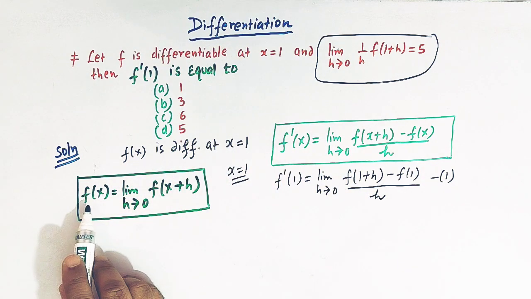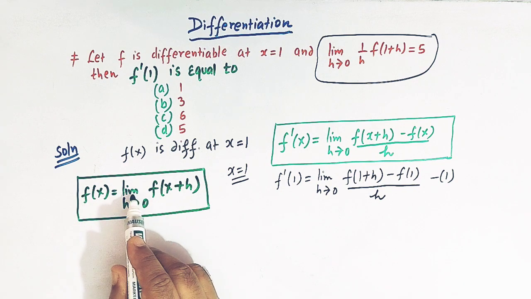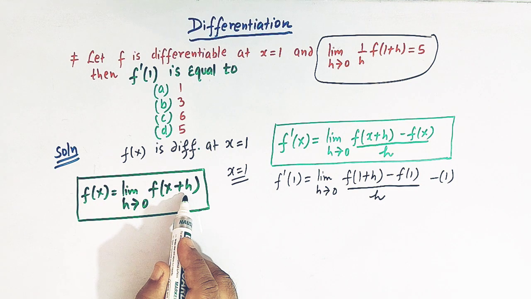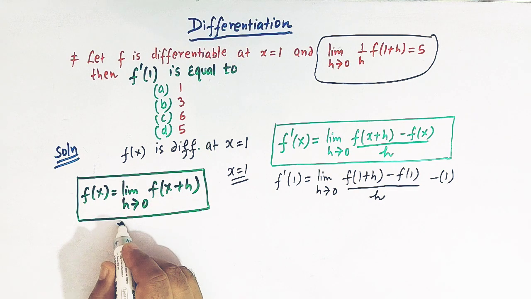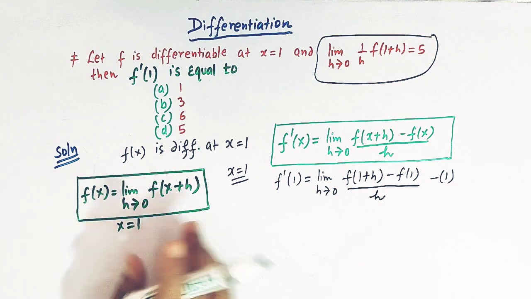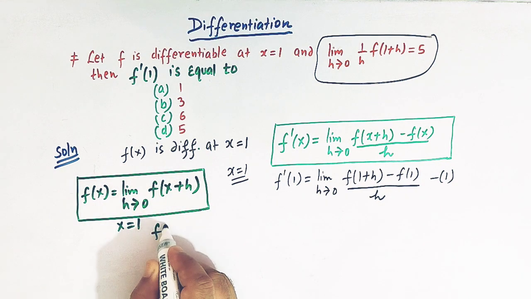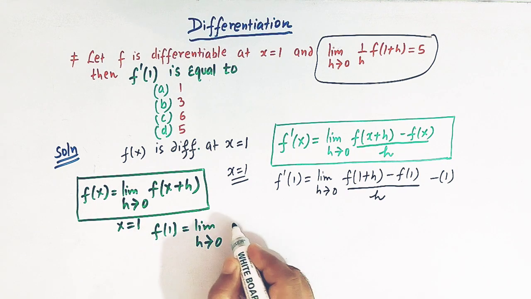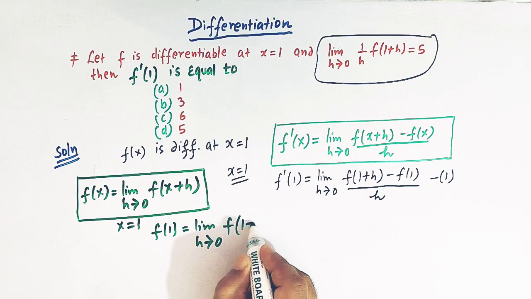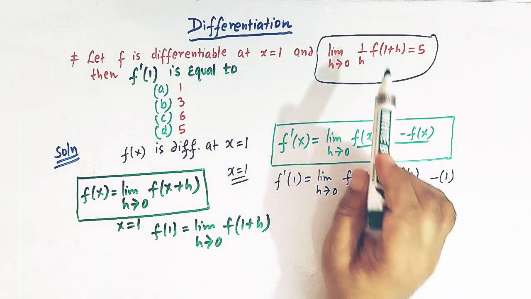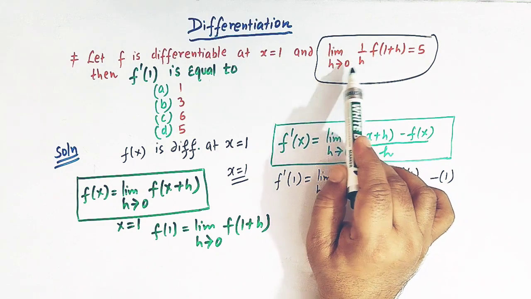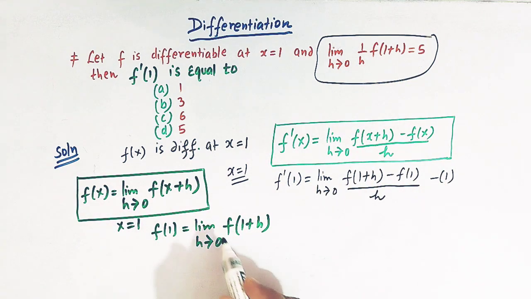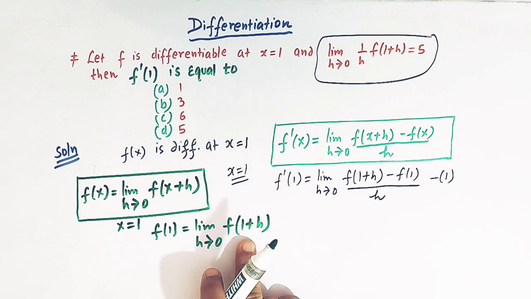Any function f of x can be written as the limit h tends to 0 of f of x plus h. Now if we take x is equal to 1, this becomes f of 1 is equal to the limit h tends to 0 of f of 1 plus h. We are given the limit h tends to 0 of 1 over h times f of 1 plus h is equal to 5. Now let us extend this idea further.